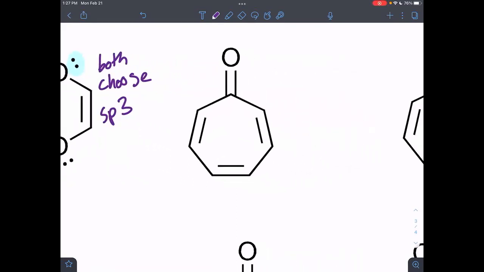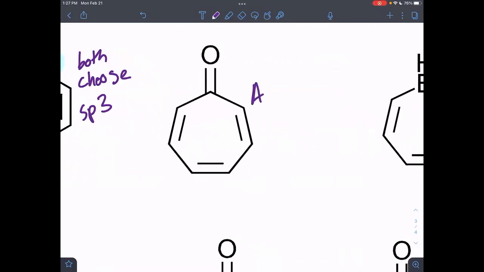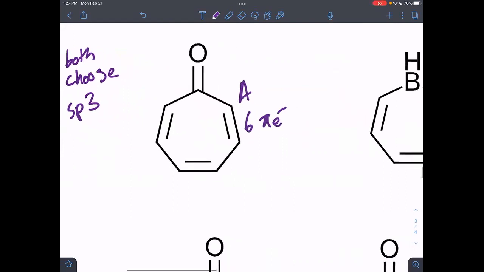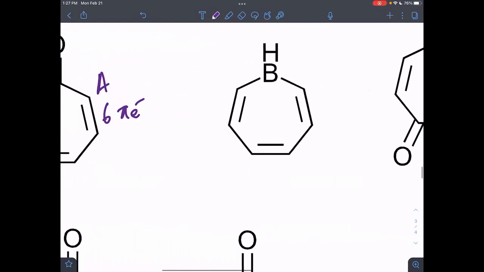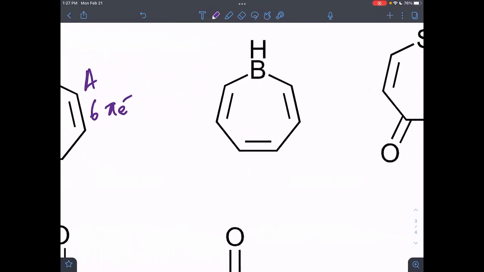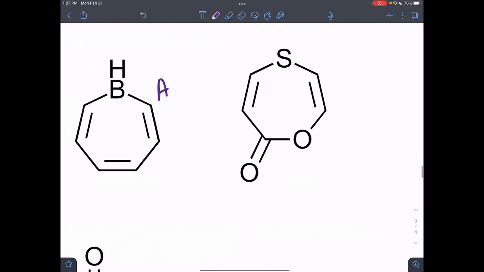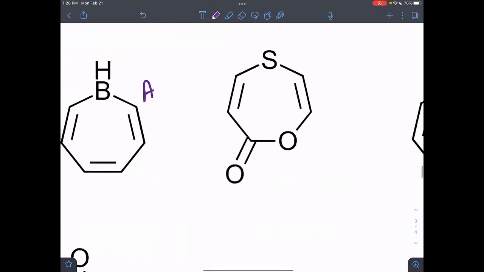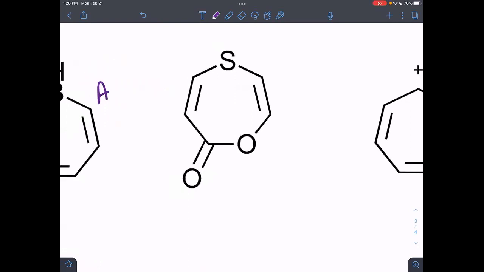Okay, more ketones. What do we think? It's aromatic because there's 6 pi electrons. And what about that, but with a boron? Okay, we got this thing now. So how many lone pairs on the sulfur? 2, because it's in the same group as oxygen.